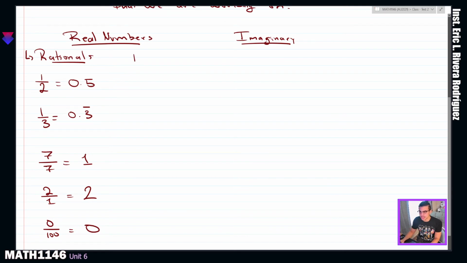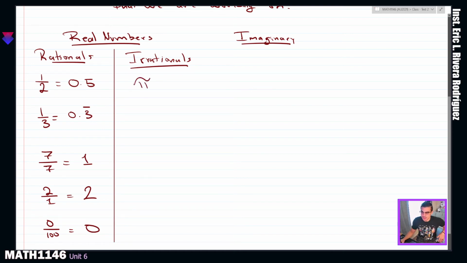Irrational numbers, on the other hand, are real numbers, but real numbers that we are not going to be able to put into a fraction. What are those values? A very common example of irrational numbers is the value of pi, 3.14, and so on. There is no repeating pattern in the decimal representation of that value, and there is no way to put that value into a fraction.